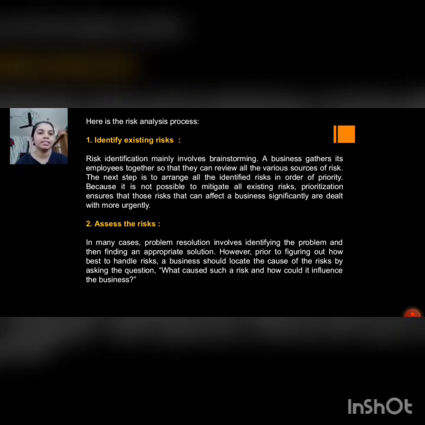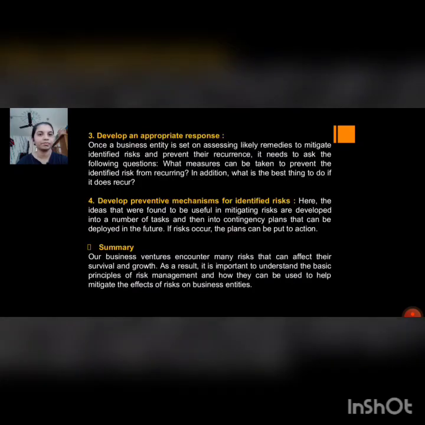In many cases, problem resolution involves identifying the problem and then finding an appropriate solution. However, prior to figuring out how best to handle risk, a business should locate the cause of risk by asking the question, what caused such a risk and how could it influence the business?